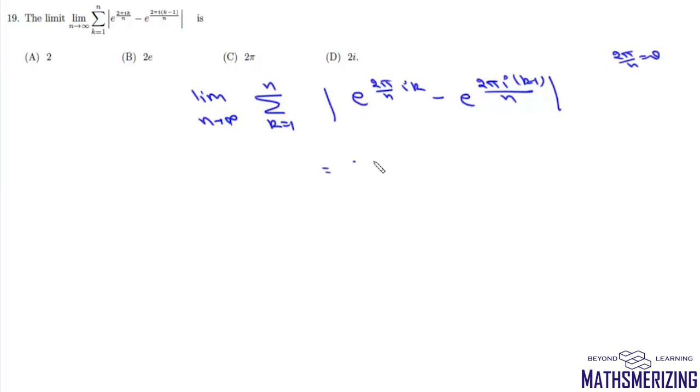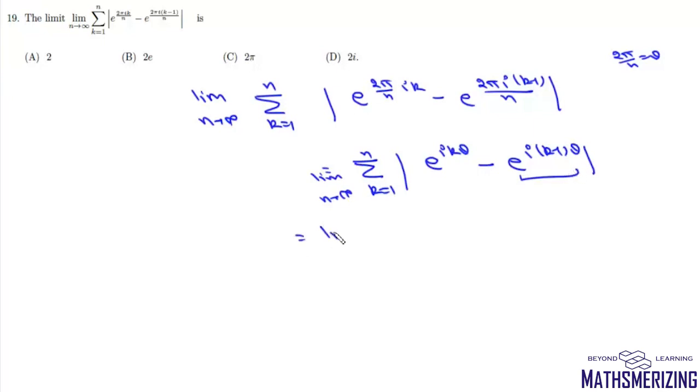So we can write this as the summation of |e^(ikθ) − e^(i(k−1)θ)|, k from 1 to n, where the limit n tends to infinity. Now here we'll take e^(i(k−1)θ) common. We can write the limit as n tends to infinity of the summation, k from 1 to n, of |e^(i(k−1)θ)|·|e^(iθ) − 1|.